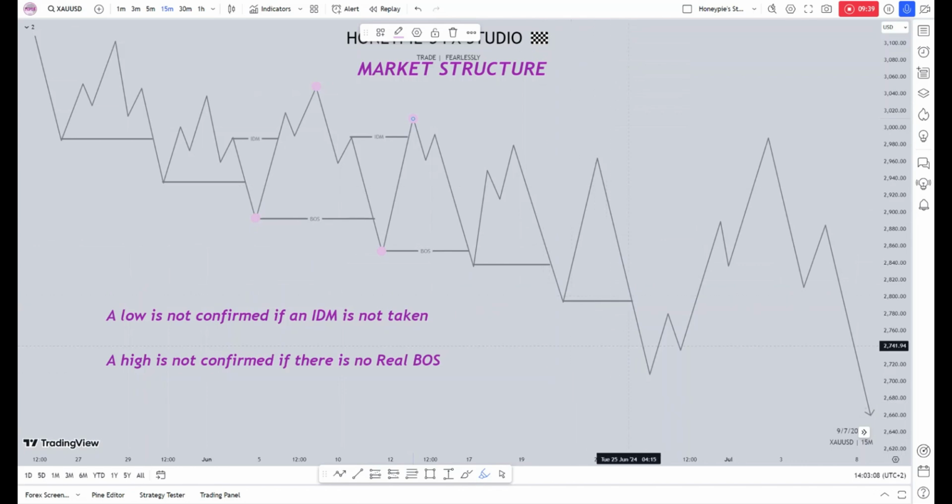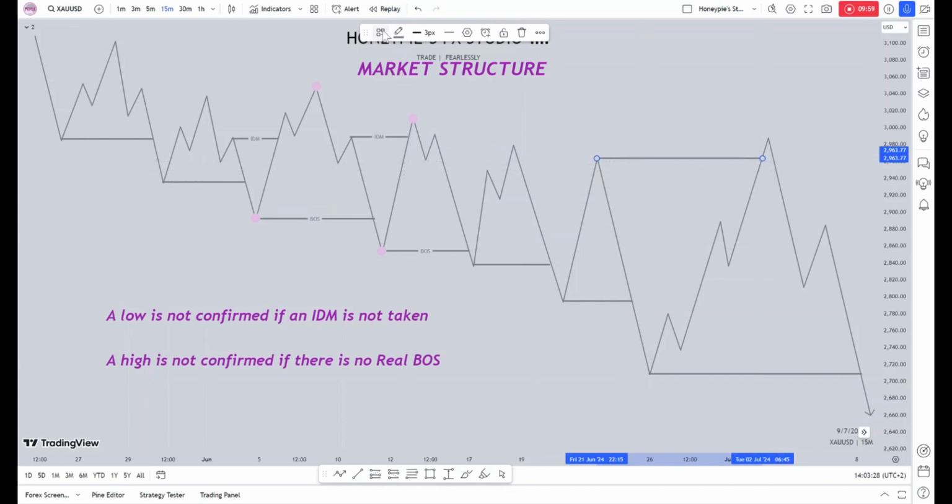Now we are going to be looking at this particular last structure over here, if this is a proper break of structure. And yes, this is a proper break of structure because price took the immediate pullback before the supposed break of structure.